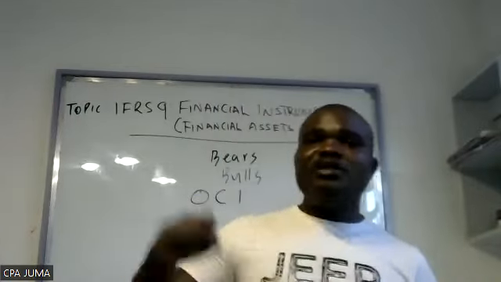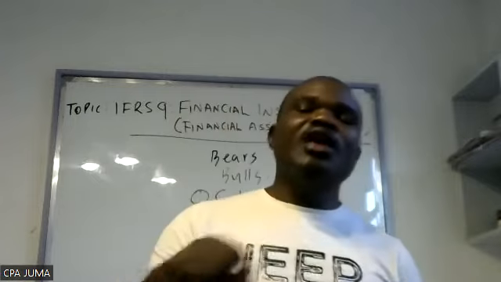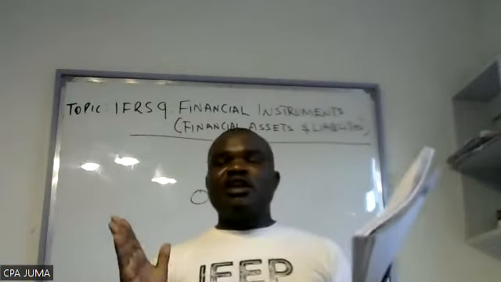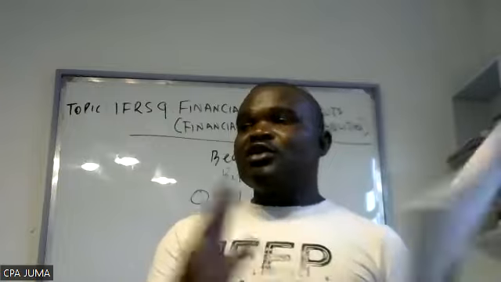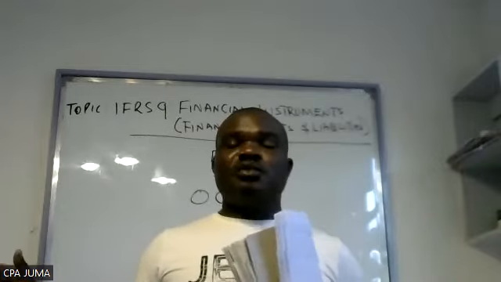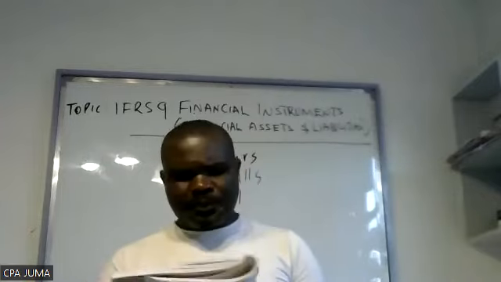What is this fair value? Fair value is the market price of those instruments at the stock exchange on the day you became a party to that contract. So the day you went and took it, the stock market was saying this is the price. So all of them, regardless of whether they are going to be short or long-term financial instruments, you must initially recognize them at fair value.